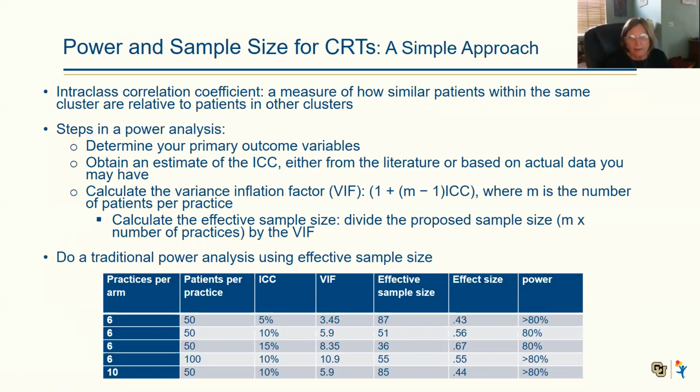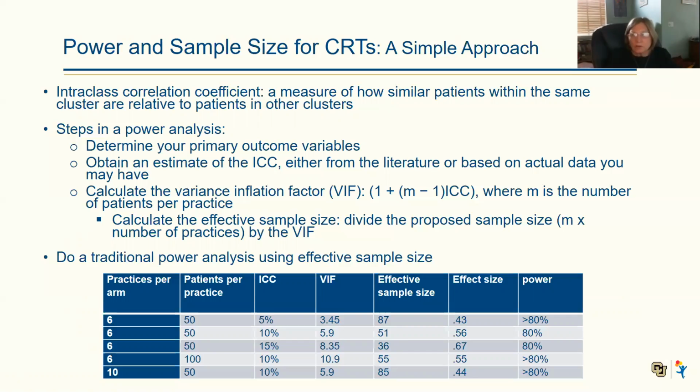Next, calculate the variance inflation factor, and I'm not going to go into that. And then once you divide your actual sample size by the variance inflation factor, you come up with the effective sample size, which you can see in the column there. And you can use that in a traditional power analysis. So this is a simple approach.